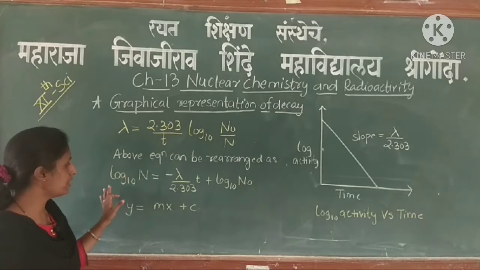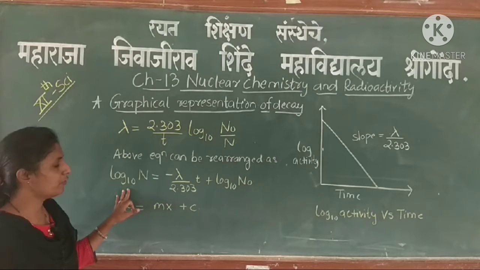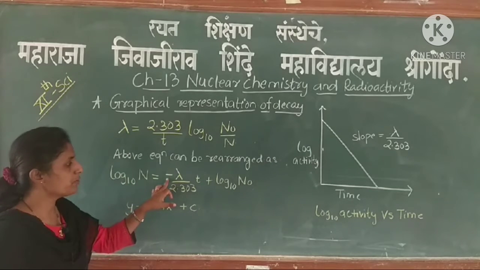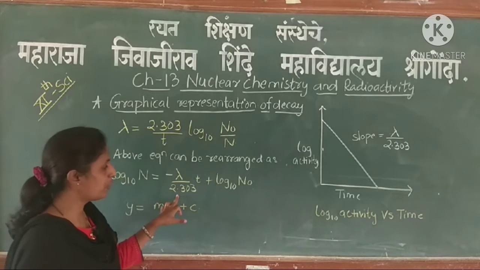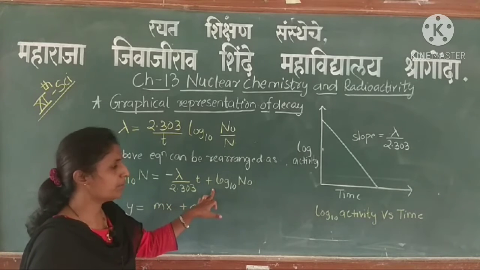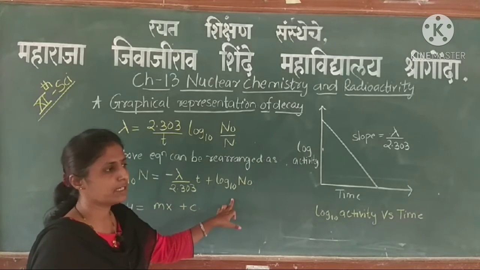We can rearrange it in this way, that is log of N to the base 10 is equal to minus lambda upon 2.303 into t plus log of N0 to the base 10.